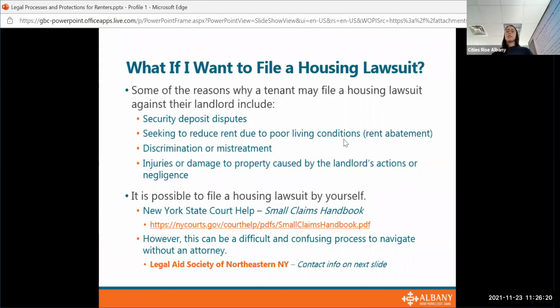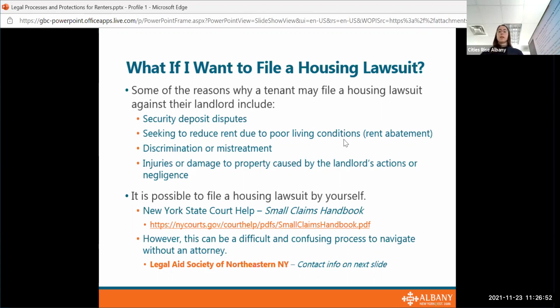Some of the reasons why tenants may feel the need to file a housing lawsuit would include an issue with the security deposit, for example, if a landlord fails to return a deposit; seeking to reduce rent due to poor living conditions, which is called a rent abatement; if the tenant has experienced discrimination or mistreatment from their landlord; or if the tenant has experienced injuries or property damage caused by the landlord's actions or by negligence.